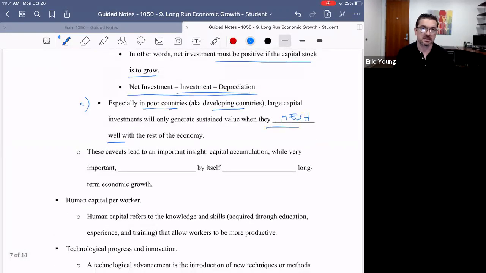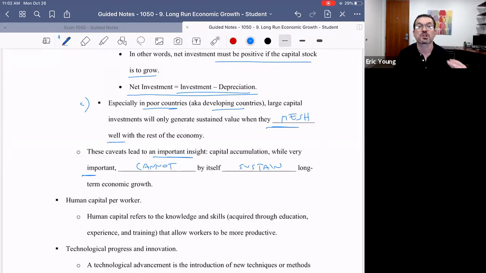All of these caveats lead us to one very important insight, and that is that while capital accumulation is critically very important, capital accumulation cannot, will not, by itself sustain long-run economic growth.